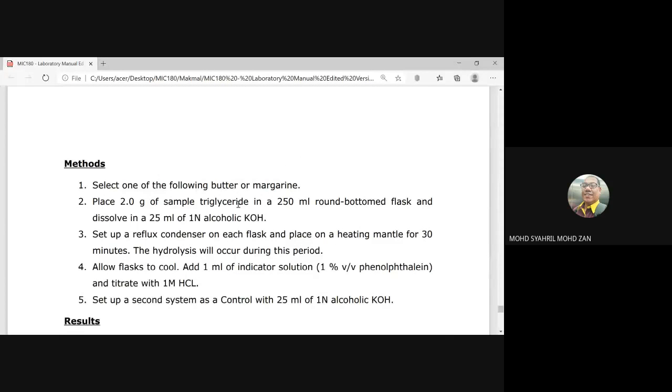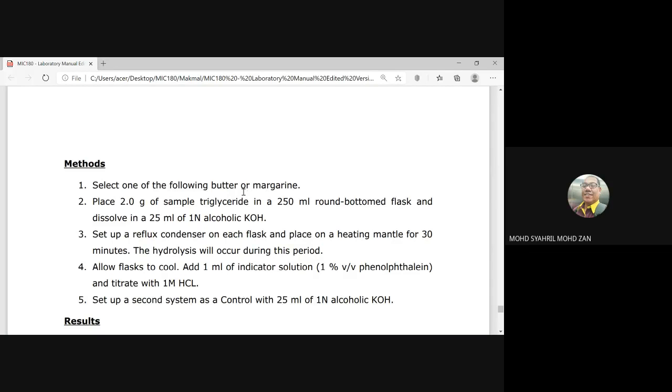So the method for saponification: number one, select one of the following, butter or margarine. What's the difference between butter and margarine? The source. Butter is from animals, margarine from plants. We place 2 grams of sample triglyceride, which is either butter or margarine.